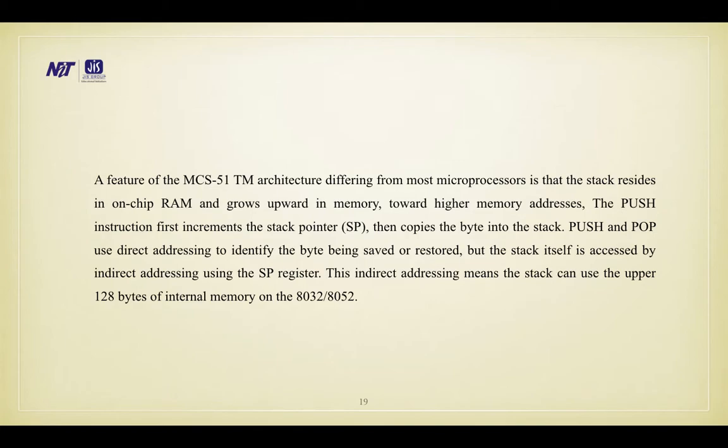The PUSH instruction first increments the stack pointer, then copies the byte onto the stack. PUSH and POP use direct addressing to identify the byte being saved or restored, but the stack itself is accessed by indirect addressing using the stack pointer register. This indirect addressing means the stack can use the upper 120 bytes of internal memory on the 8032 and 8052.